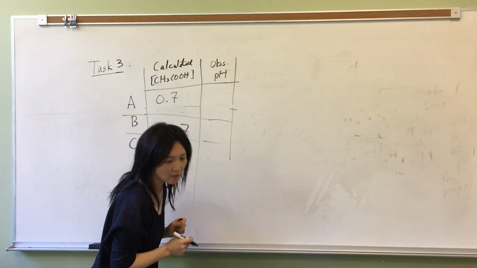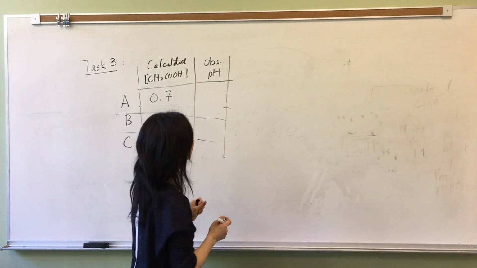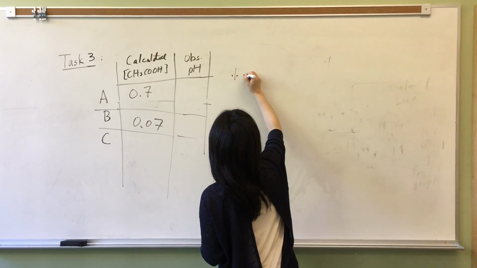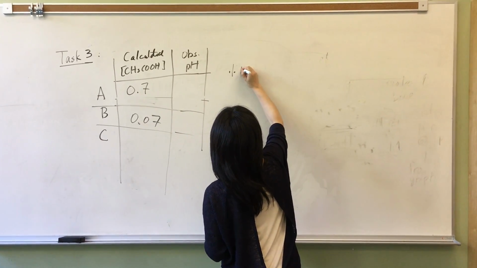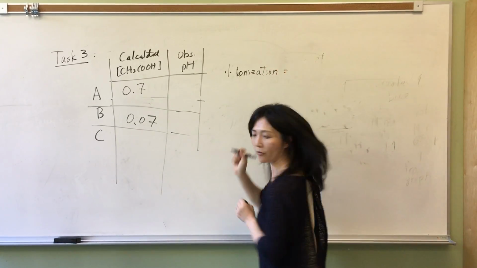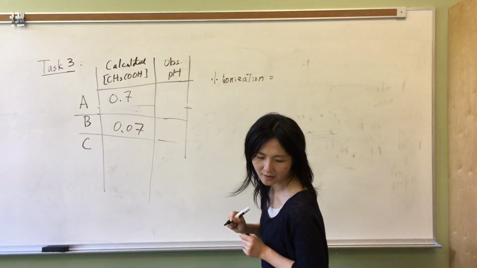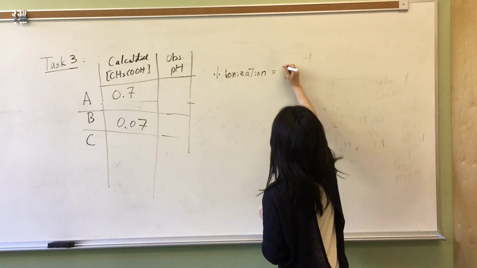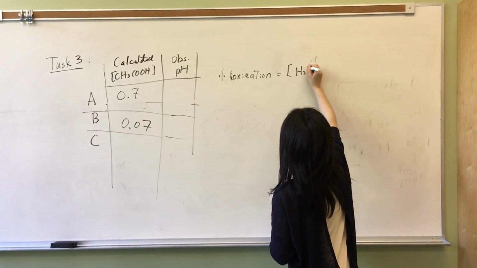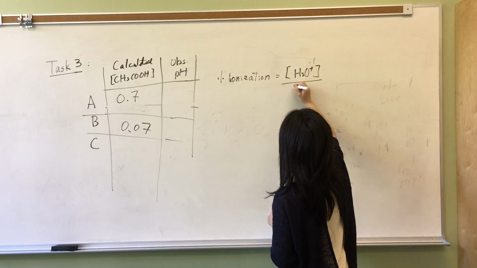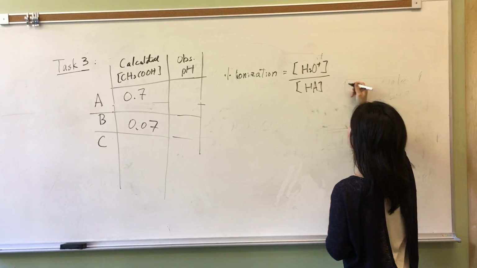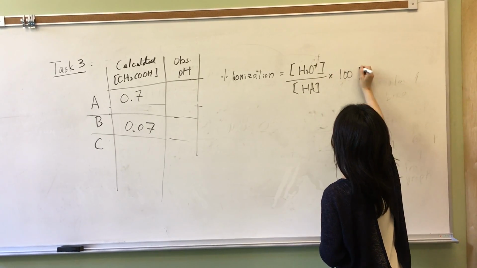And the next one is the observed percent ionization. Okay? So the percent ionization, you can find the equation on page 69, which is H3O plus divided by HA, which is the acetic acid concentration, times 100%.